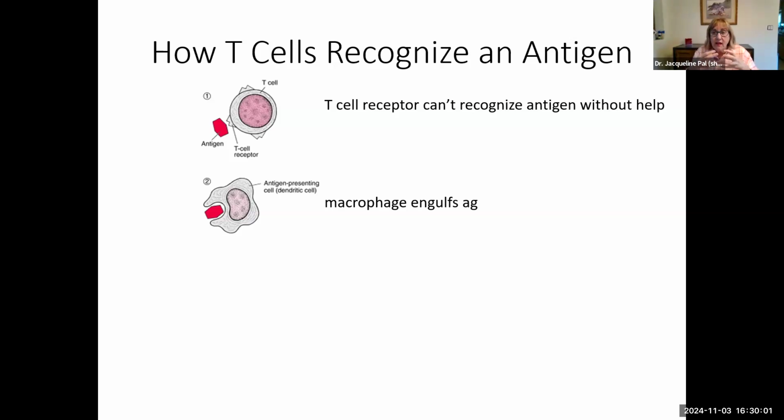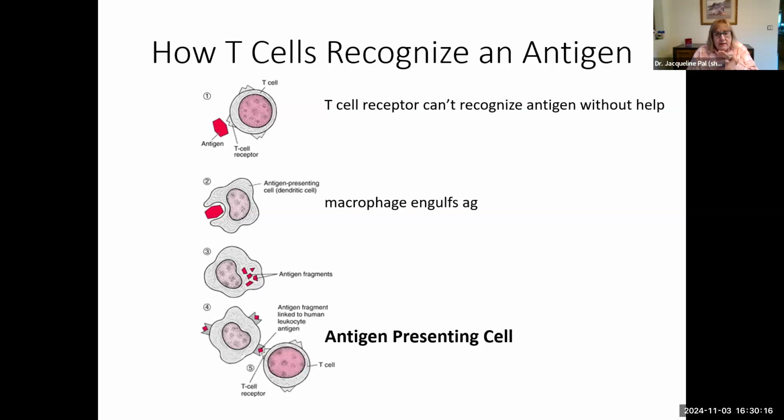And then the macrophage is going to do what a macrophage does, and that is lysosome is going to break down the antigen. And then when the macrophage breaks down the antigen, it's going to take one little antigen fragment and it's going to put it on a silver platter, and it's going to go, here, Mr. T cell, do you see it now?